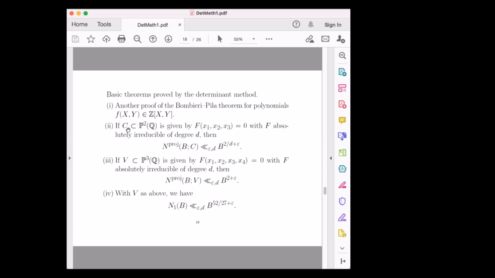Let's consider the case of a form in 3 variables that corresponds to a curve in P^2 with f absolutely irreducible of degree d. But in this case, the projective count, counting projective points, is at most B to the 2 over d plus epsilon. So in the Bombieri-Pila theorem, we had 1 over d plus epsilon. So that was for an affine curve. For a projective curve, where we're counting rational points rather than just integer points, we get exponent 2 over d plus epsilon.